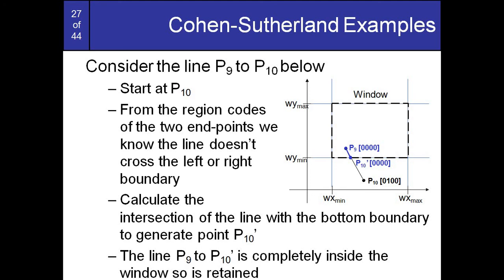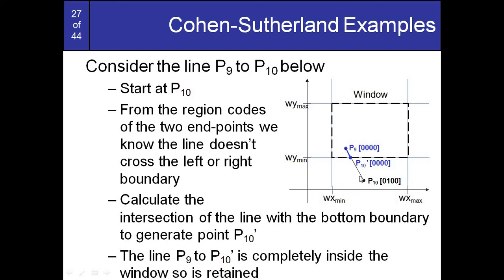Now this is the example given with respect to the Cohen-Sutherland algorithm. We have the line with endpoints P9 and P10. We start at P10. From the region codes of the two endpoints, we know that the line doesn't cross the left or the right boundary. So calculate the intersection of the line with the bottom boundary to generate the point P10 dash. The values allocated to these points indicate that the line will not intersect the right boundary, and it will not intersect the left boundary.